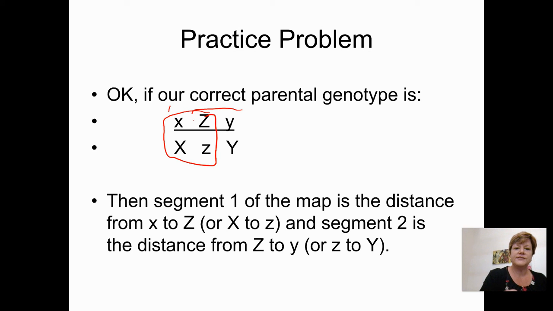And segment 2 is going to be the distance from Z to Y. So you're only going to solve the distance for each segment by itself. And that's why I say this is really two-point mapping problems solved at the same time, simultaneously. So the distance from X to Z, and then the distance from Z to Y. So it's going to be what I call our segment 1 calculation and our segment 2 calculation.